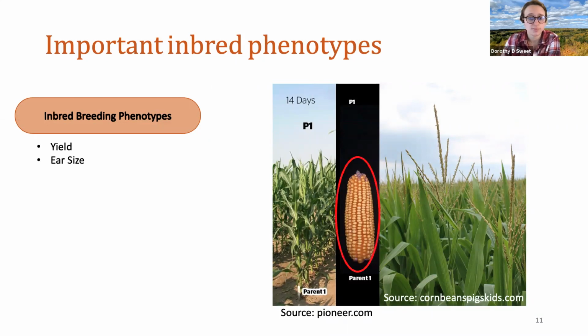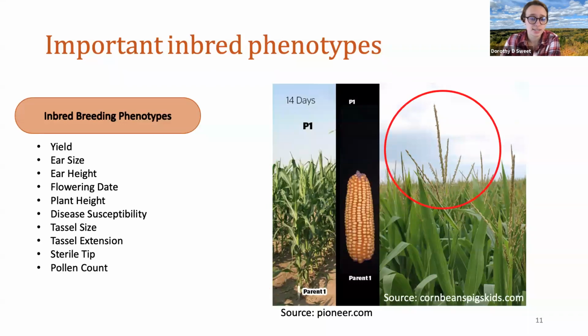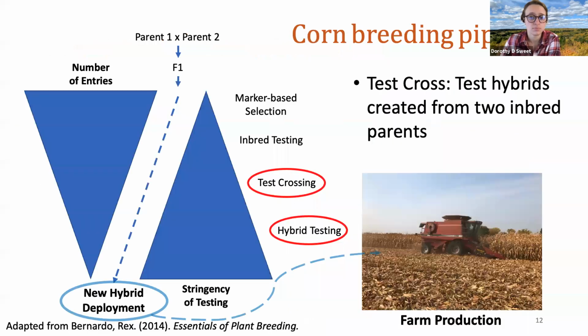So yield is determined, and it's also somewhat linked to ear size. In addition, we also have ear height and flowering date, plant height and disease susceptibility, tassel size, tassel extension, sterile tip, and pollen count.